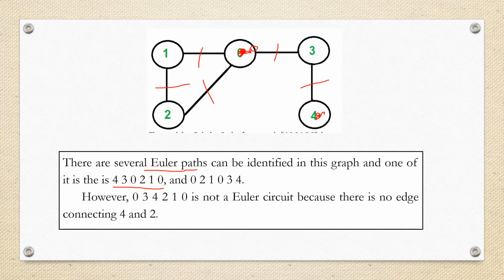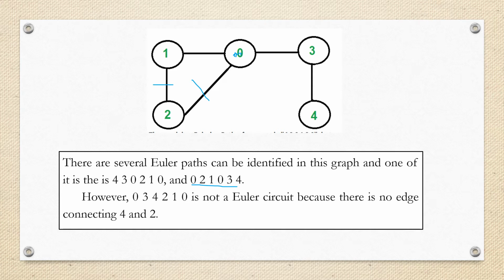Another example is 0. 0 going to 2, then going to 1, then 0, then 3, then 4. Again, let's have this path. We started at 0. Then we go to 2, so we use this edge. From 2, we go to 1, so we use this edge.